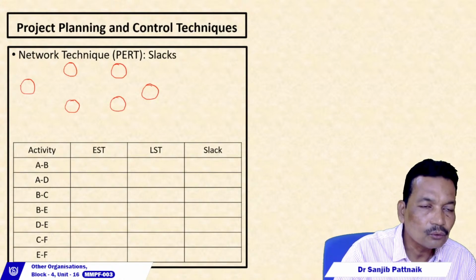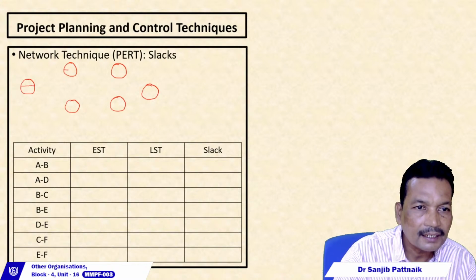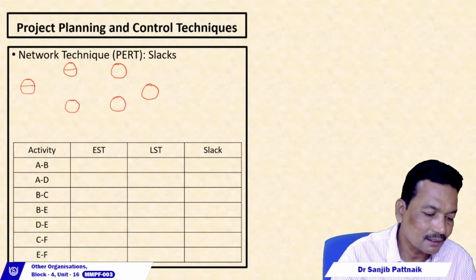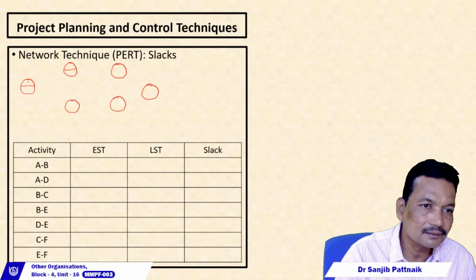What I am doing by using circles is showing the various starting points and ending points of the activities marked by capital letters.